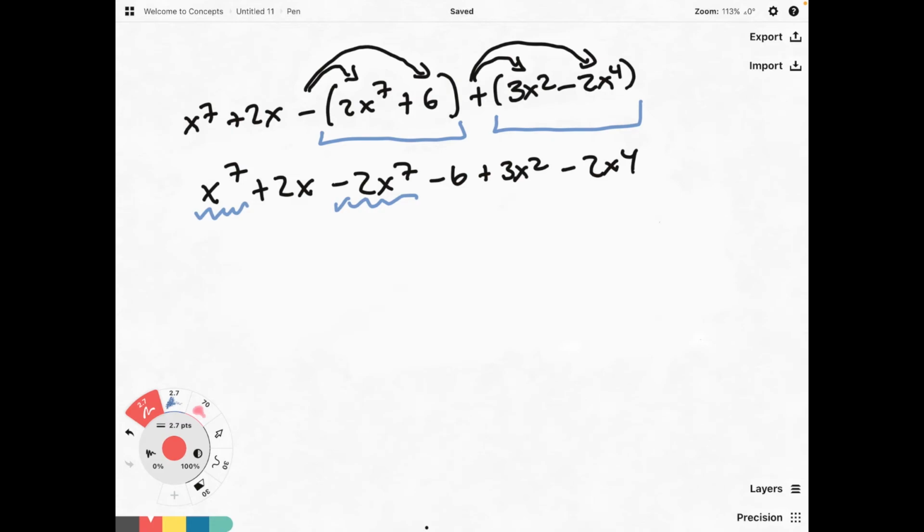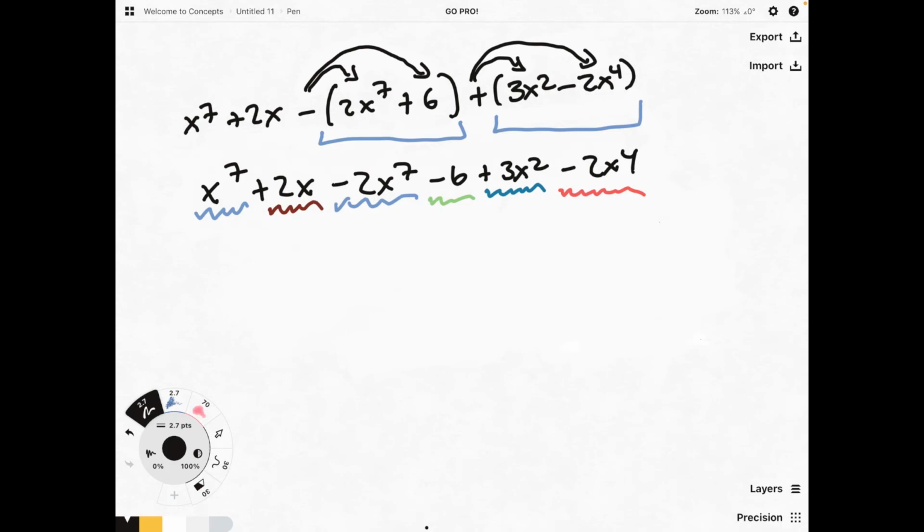We see in the next highest power, the x to the 4th. We don't see any more x to the 4th, so we go to the next highest power, which is an x squared, and there's only one of those. Now we see the 2x, one of those, and then we're left with the 6 here. So again, now we're just going to combine like terms.